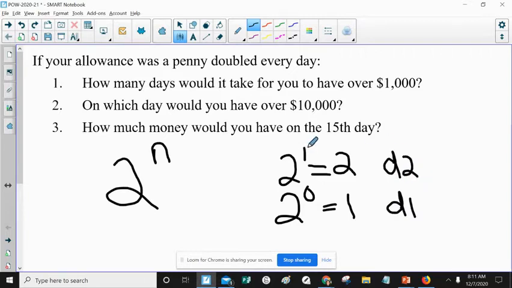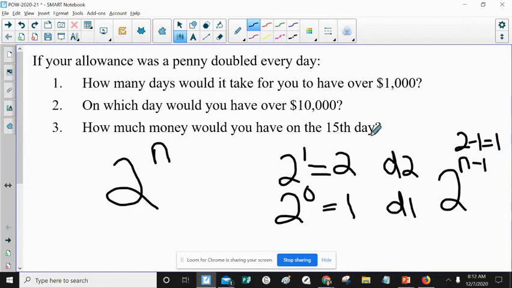Well, this exponent can be written as 2 to the n minus 1, where n minus 1 represents the exponent and n represents the day. So if I plug in day 2 for n, I end up with 2 minus 1 equals 1.